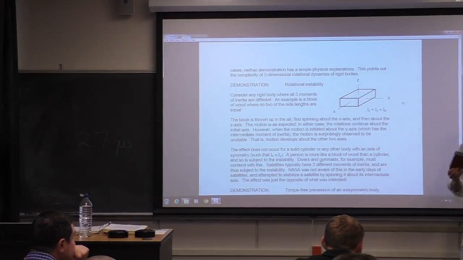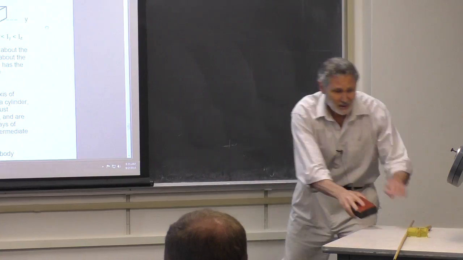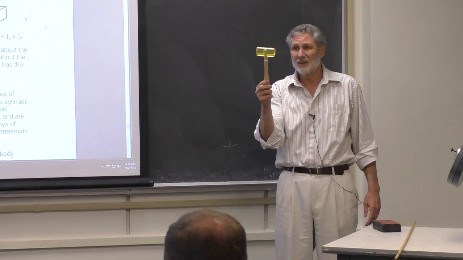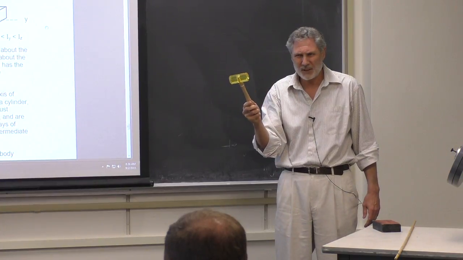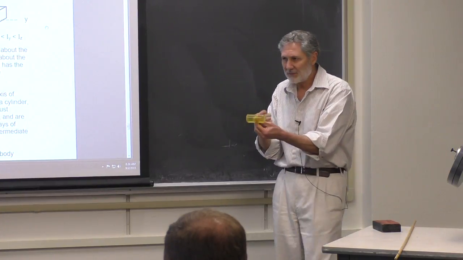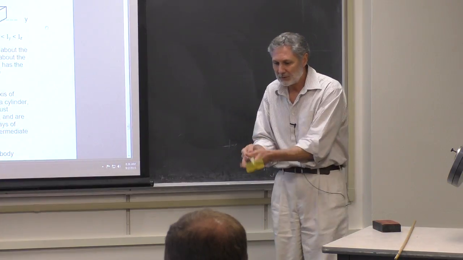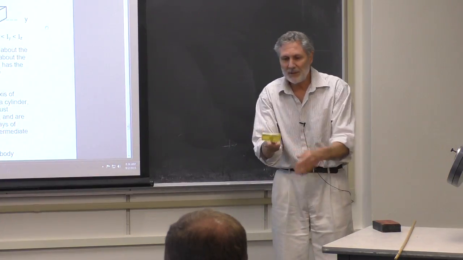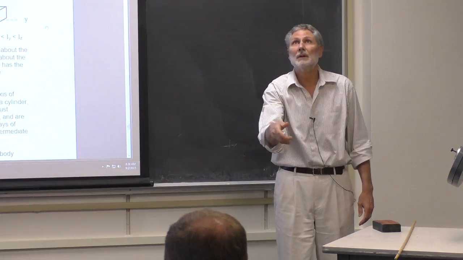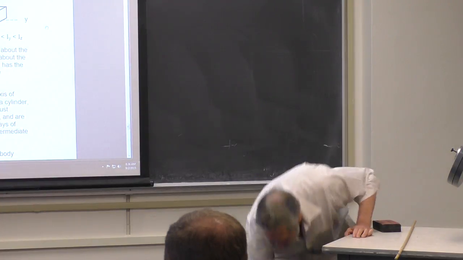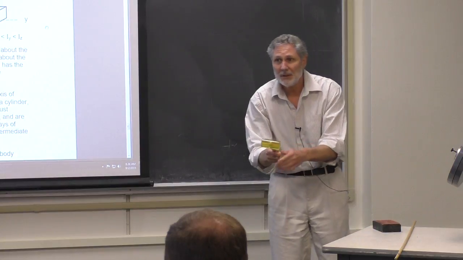You know, this is a really simple demonstration, right? Incidentally, it works for a mallet or a hammer. You want to be careful with a hammer. If you think about this, this has 3 different moments of inertia, okay? This one's stable, but the intermediate one, just like the block of wood, see it tumble like that? And no matter how carefully you do this, it's going to happen.